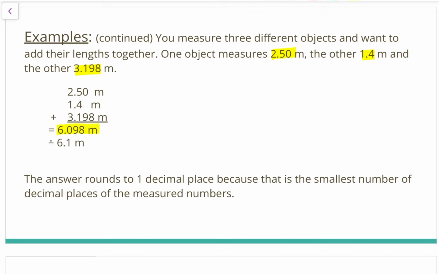If we're doing a good job with significant figures, then we have to round that off to match our rules. Our rule for adding is the fewest number of decimals. 1.4 only had one decimal place, so we have to take this 6.098 number and round it off to one decimal place. So rounding it off, it's closer to 6.1. So squiggly line 6.1, or the equal sign with the dot 6.1.